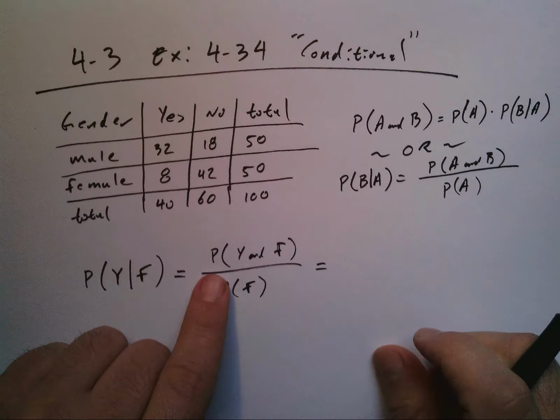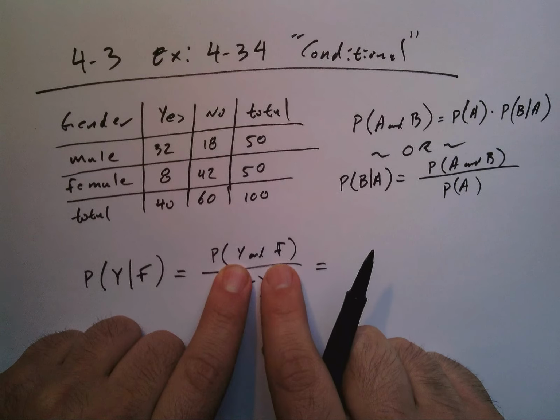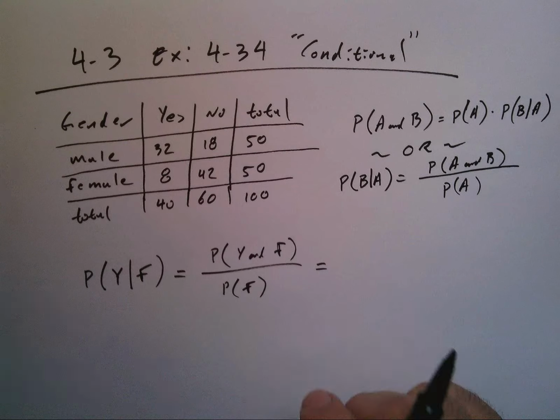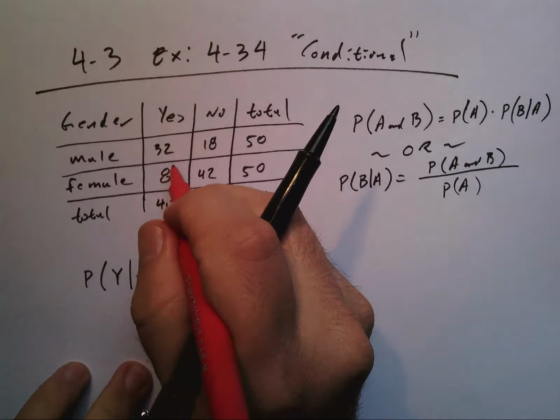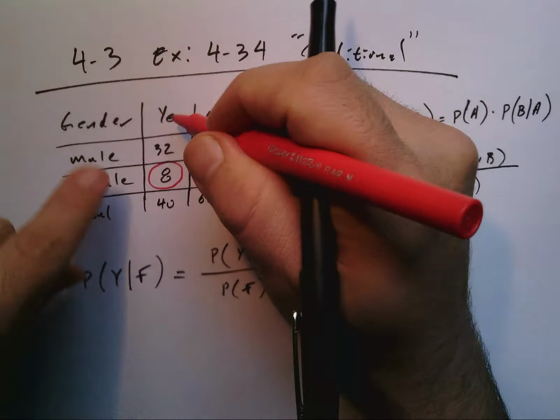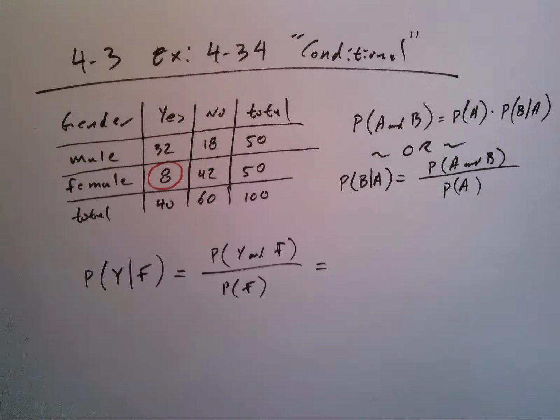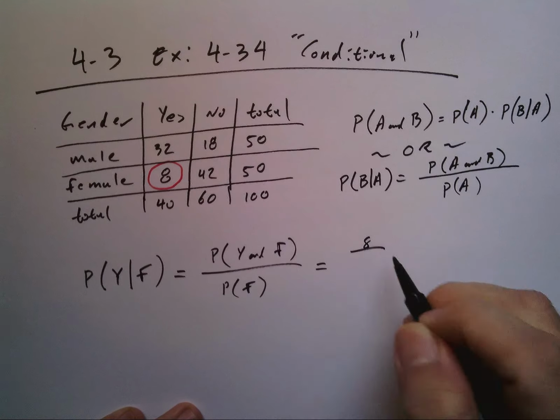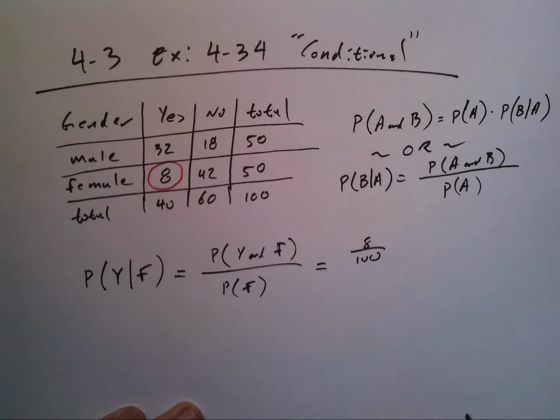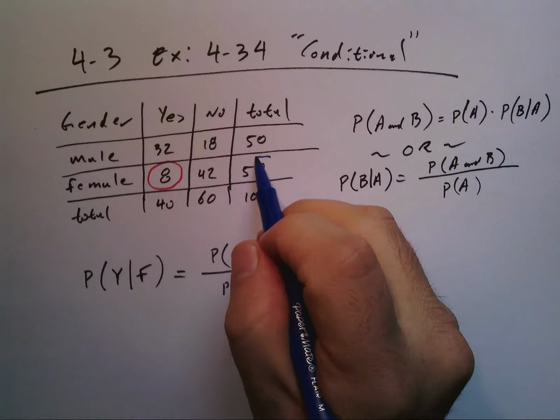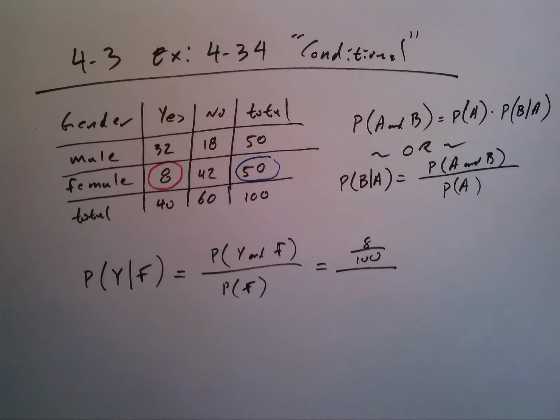Now, the probability of a yes and a female is going to be this one box right here. See how it's a yes and a female? So that's 8 out of 100. Then we're going to divide by the probability that it was a female. Well, the females are all right here, and there's 50 of them out of 100.